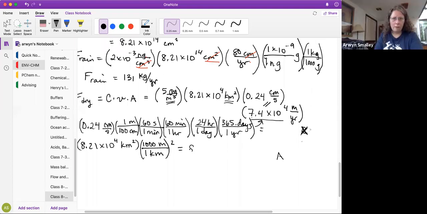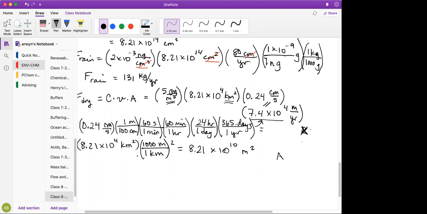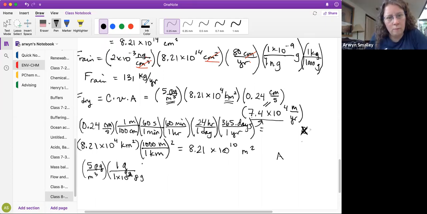We're going to have 8.21 times 10 to the 10th meters squared, right? Okay, hold on. No, sorry. Yeah, that's right. Hold on. Okay, so. Wait, that's 12. And then for our concentration, we're going to kilograms.